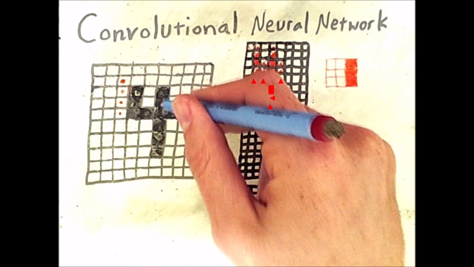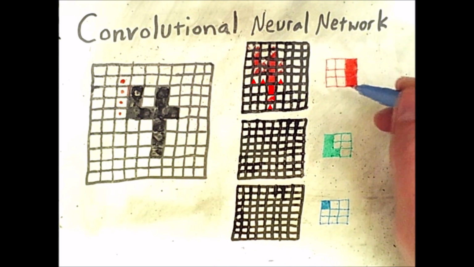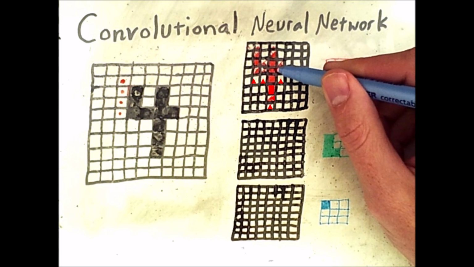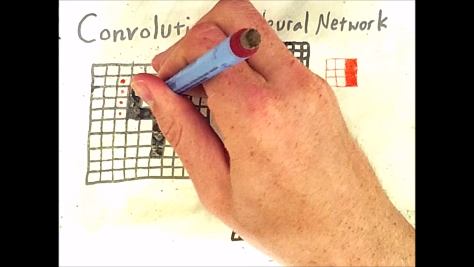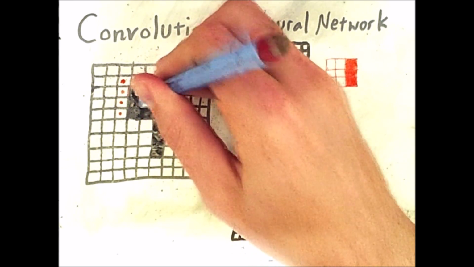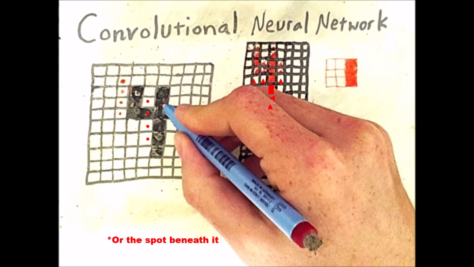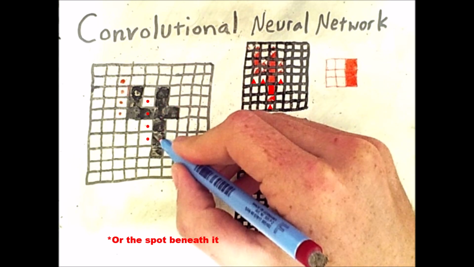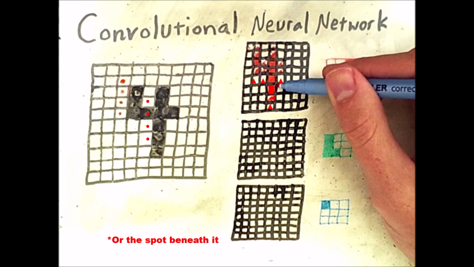However, those 3 spots are present and they correspond to those 3 weights, which is why we get the maximal activation here, and we also get it up and down. So whenever the receptive field is centered on this spot, or this spot, we overlap with those 3 inputs, those 3 inputs, or those 3 inputs, which is why we get the maximal activation in those spots.